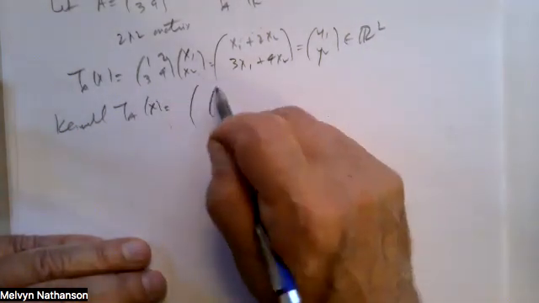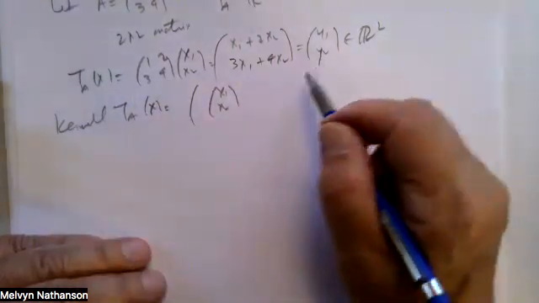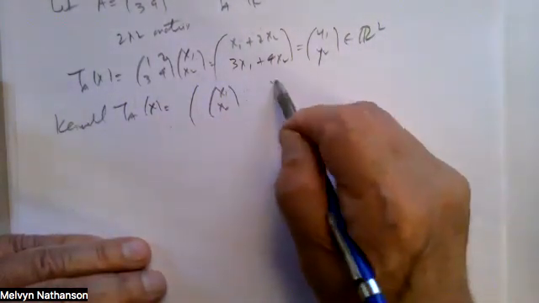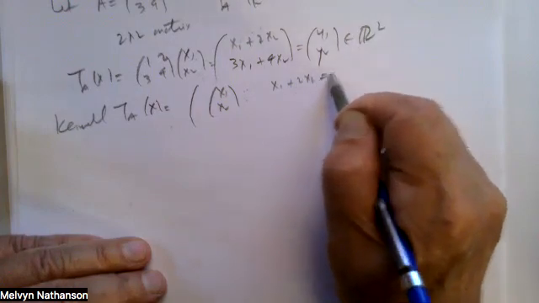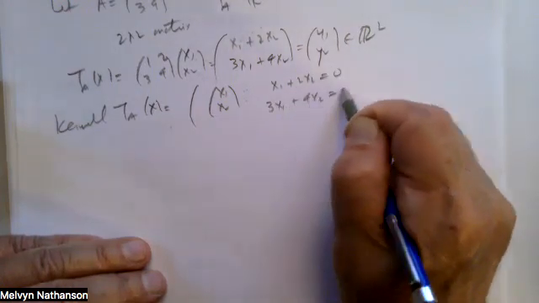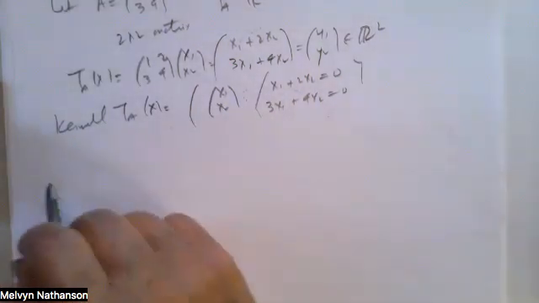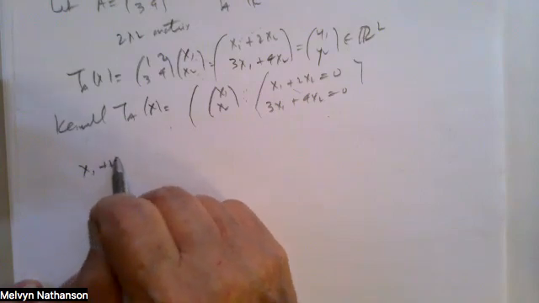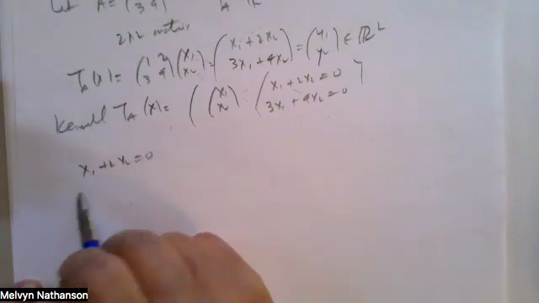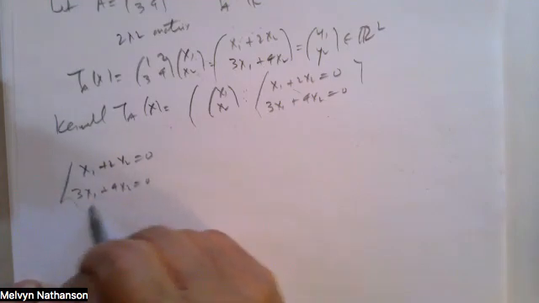That's the set of all vectors x1, x2 such that T sub A of x is 0. That is, x1 plus 2x2 equals 0, 3x1 plus 4x2 equals 0. So we have to solve these two equations in two unknowns.